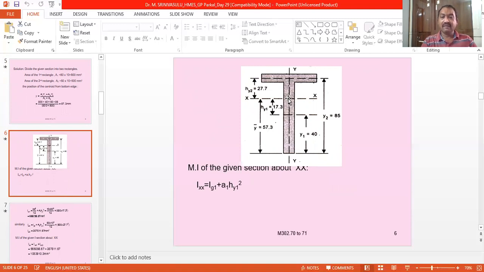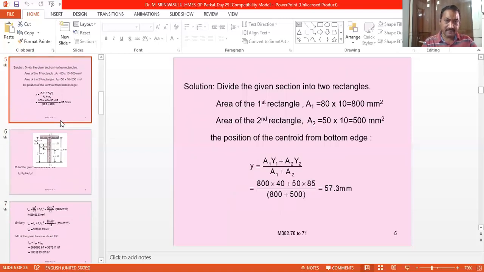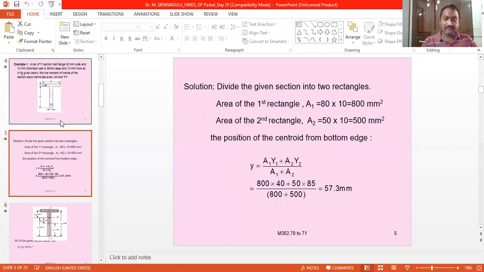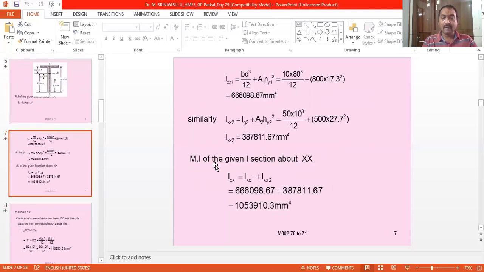Now, before going to the next step, we should also find out the y1 and y2, x1 x2 of section 1 and section 2, because to transfer this moment of inertia about the central axis, we need the distance.